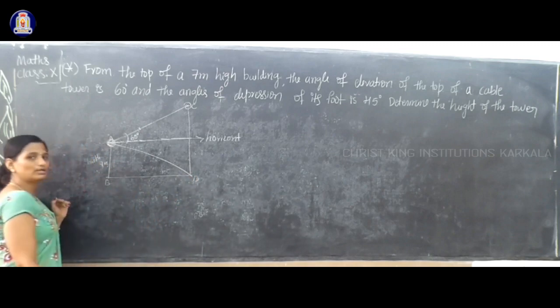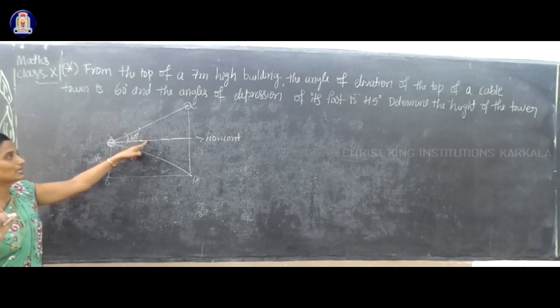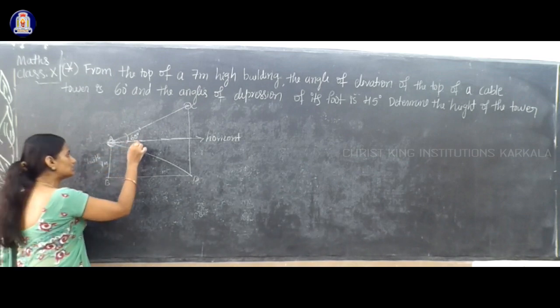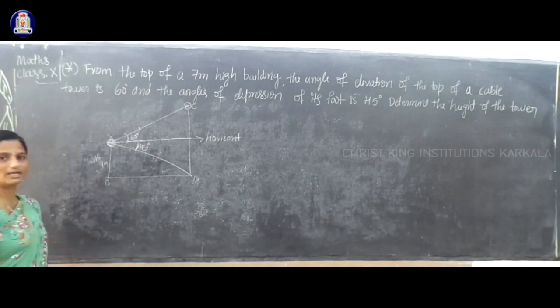Where to mark that 45 degrees? Is it marked here? No, because the angle is always between the line of sight and the horizontal line. So the 45 degrees is here.